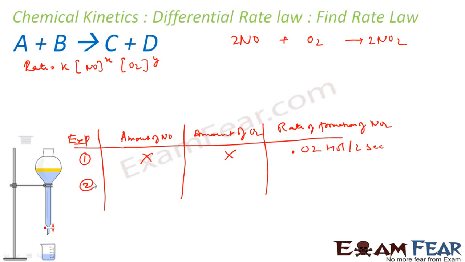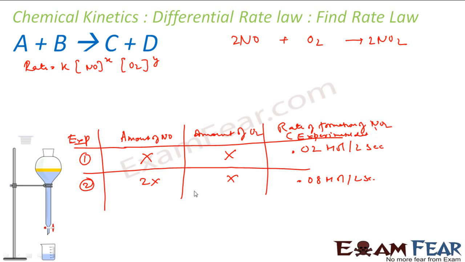In experiment 2, what we can do is we can double the concentration of NO and keep the concentration of O2 the same, and then let's suppose it becomes 0.08 mole per liter per second. This is all experimental, right? This is rate of formation of NO2, experimental data. All these are experimental data only. These two we are changing and this we are calculating. So if you see, from X to 2X we made, and this becomes 2 to 8.